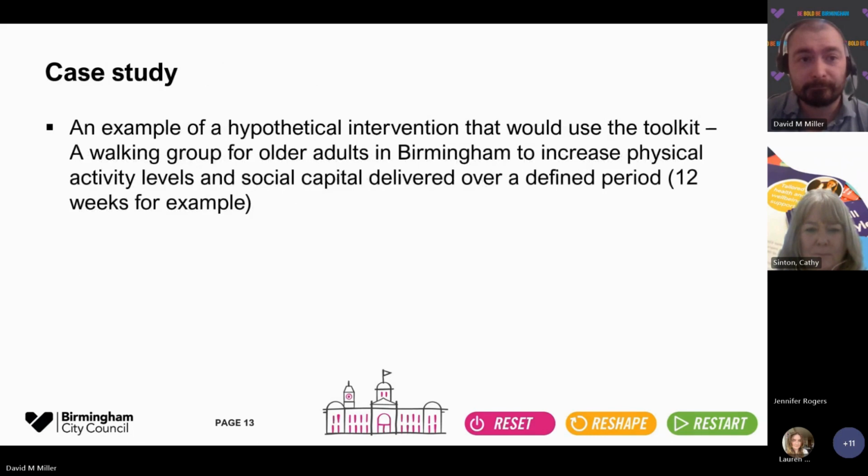Okay, so lastly, I've got a case study here, just to give you a little bit of an idea of the kind of intervention that would be required in future to use the toolkit.